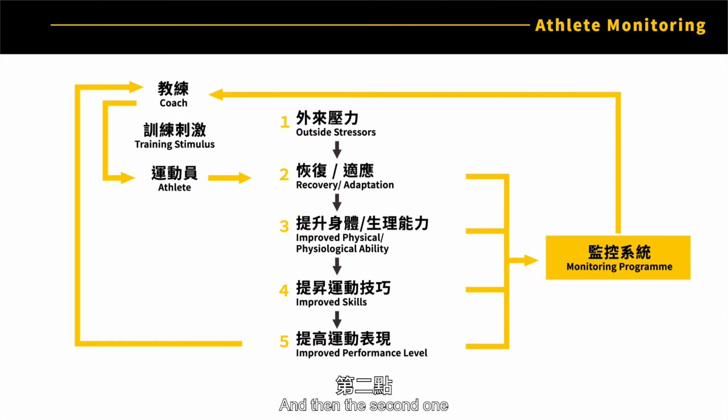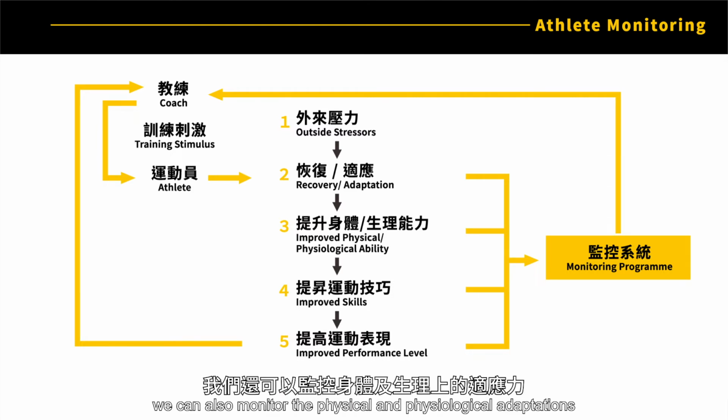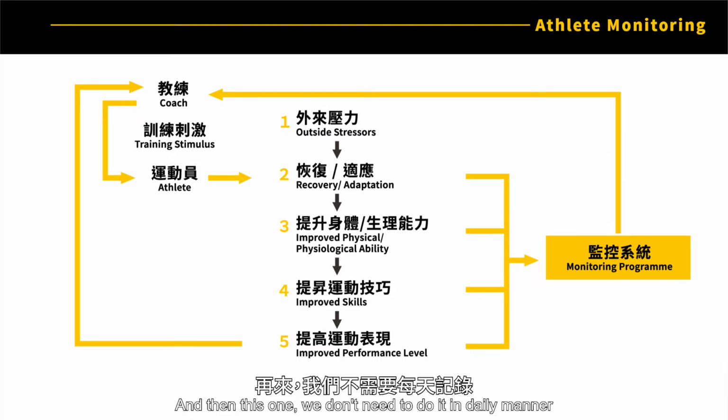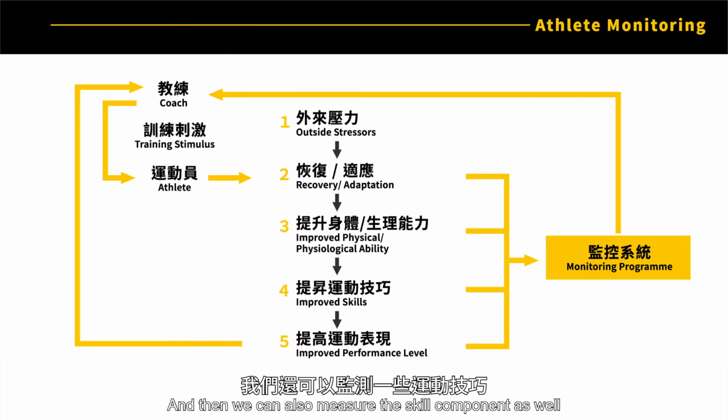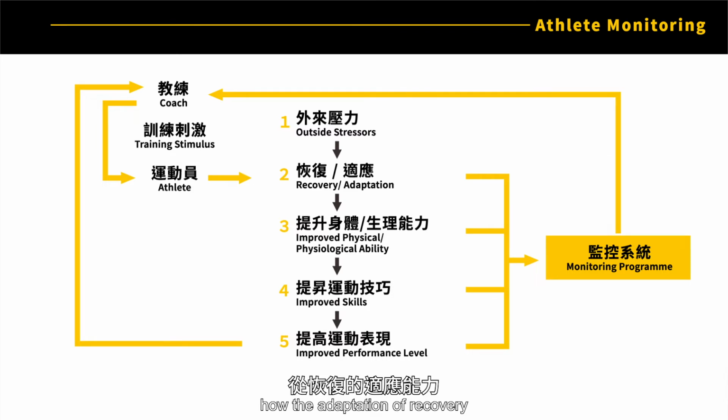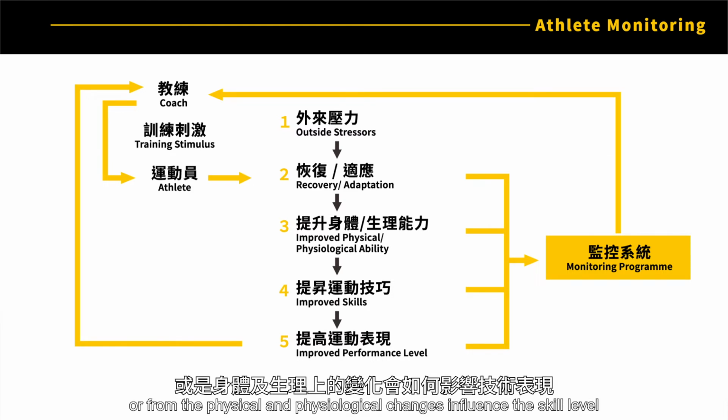And then the second one, we can also monitor the physical and physiological adaptation. This one we don't need to do in a daily manner, but we can measure it periodically. We can also measure the skill component, how the adaptation of recovery or the physical and physiological changes influence the skill level.